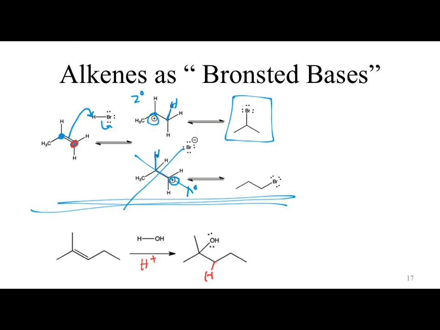The alkene is acting as a Bronsted base, but it's not a very strong one, so we have to add a strong acid to facilitate that reaction. You'll notice as soon as we have that acid, we're still looking at our Markovnikov rule. Questions about alkenes as Bronsted bases?